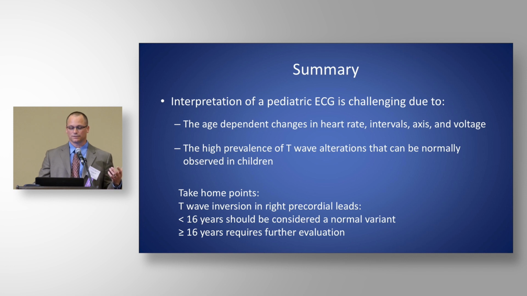And there's a high prevalence of T-wave alterations that can normally be observed in children, which makes it tough. So if you just want the take-home points and you've ignored the last 8 to 10 minutes, it boils down to this: if you have T-wave inversion in right precordial leads and you're less than 16, that's normal. That's that juvenile T-wave thing I learned about. And if you're over 16, you require further evaluation.